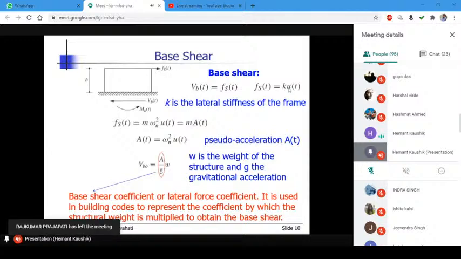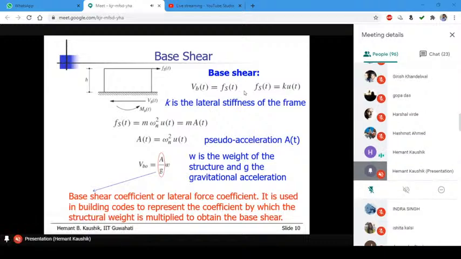The definition of stiffness is the force required to apply unit deformation, so k is Fs divided by u. We use the same fundamentals to write this equation: force is stiffness times displacement. Here k is the lateral stiffness of this single degree of freedom system provided by the columns.